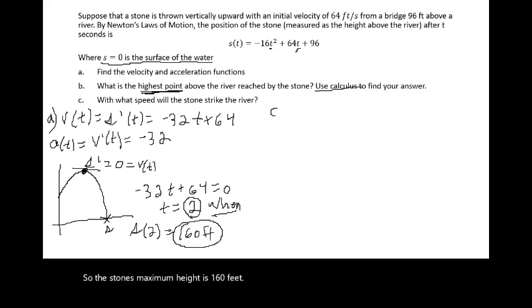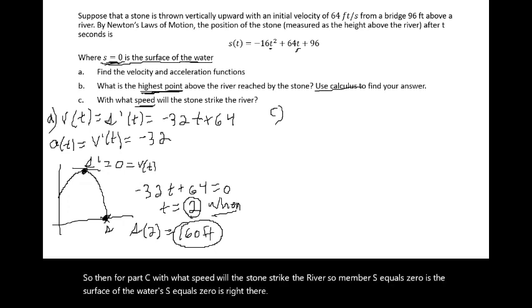So then for part C, with what speed will the stone strike the river? Remember, s equals 0 is the surface of the water. S equals 0 is right there. So we first need to find when the stone strikes the river. To find when the stone strikes the river, we're going to take the position function and set it equal to 0.